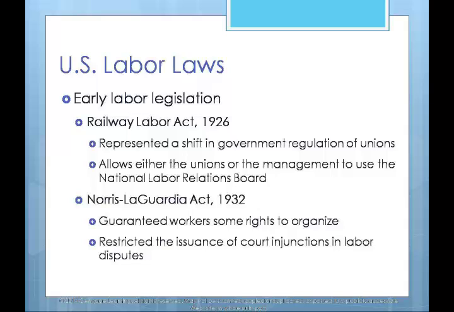So the Norris-LaGuardia Act of 1932, the onset of the Great Depression, led to massive cutbacks by employers. And under laws at the time, employers could go to court and have federal judges issue injunctions ordering workers back to work. But Congress passed this law, which guaranteed workers some rights to organize and restricted the issuance of court injunctions.